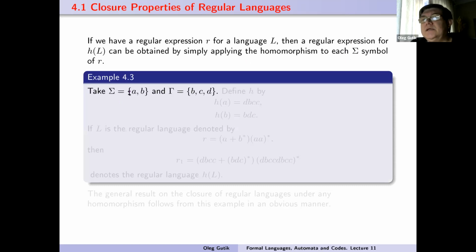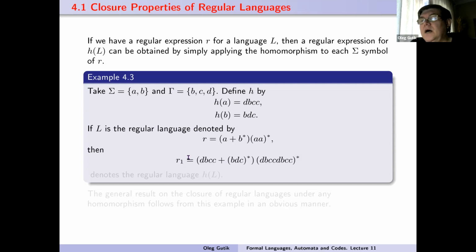Example: take the alphabet sigma consisting of two elements a and b, and gamma consisting of three elements b, c, and d, and we define the homomorphism h by the formula h of a is equal to dbcc and h of b is equal to bdc.